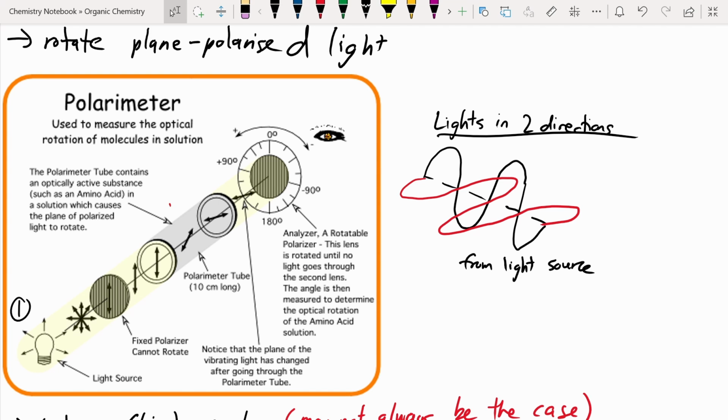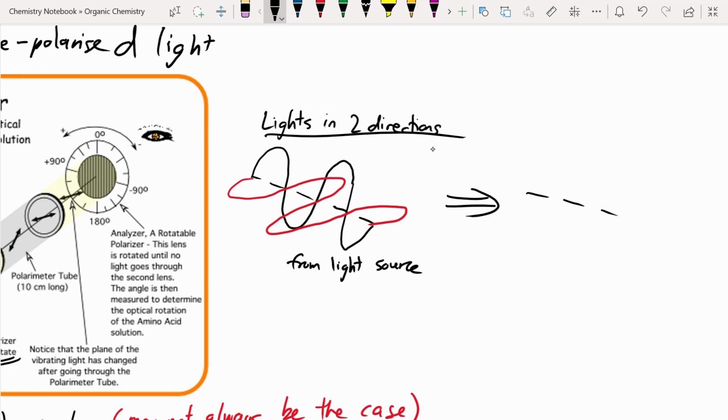And then when it passes through the fixed polarizer right here, it will only allow light to go through in one direction, which is the vertical direction.